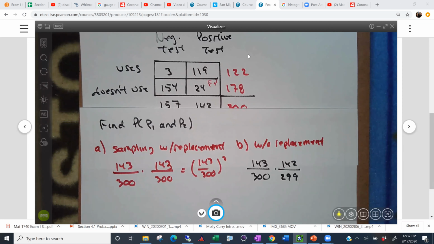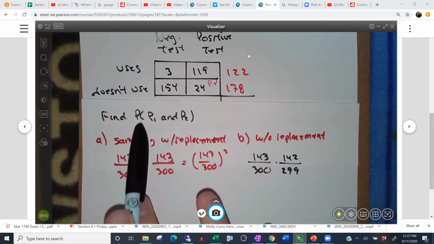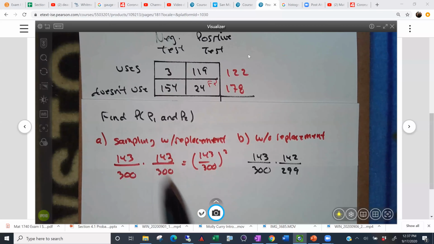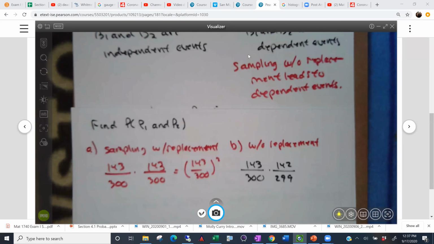So are we okay on those two? Yeah. All right. Now, perhaps I shouldn't have used the notation of P here, because P is probability and it just gets a little bit messy. So what I could have done was something a little bit different.